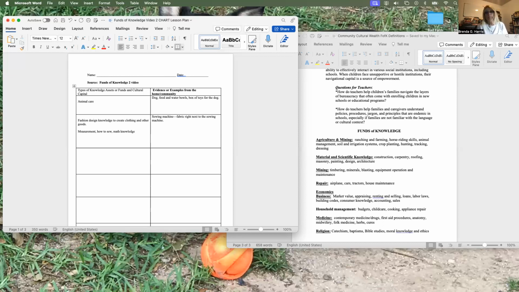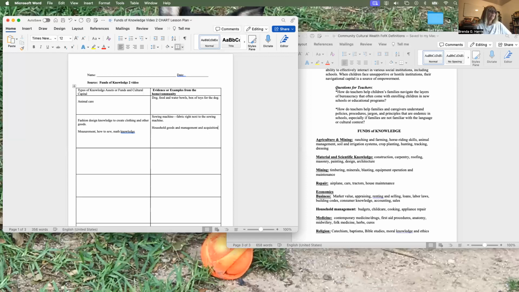What else about that? You have to know about different types of fabric. It's possible that they know how fabric is made. So there's a lot of knowledge there that might be about household goods and management and acquisition.